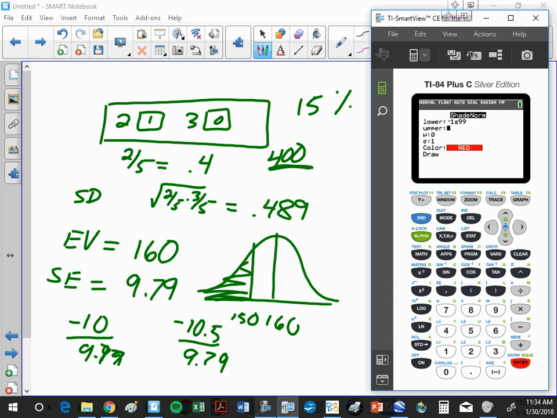So negative 0.97. So that ended up being 16.6. Well, they're pretty close.